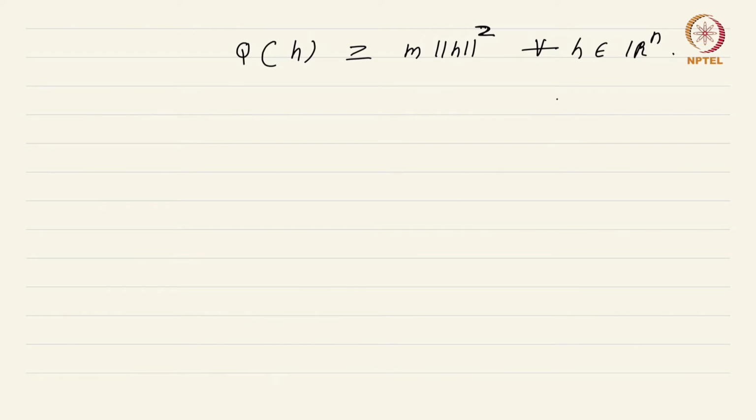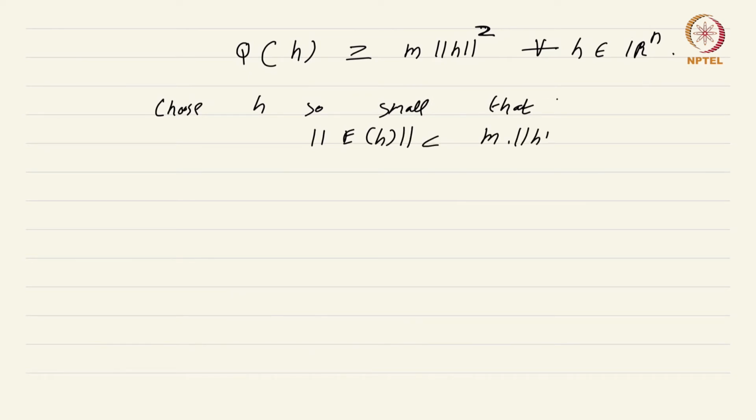Okay, now what you do is choose h so small that the norm of E of h is less than m norm h squared by 4.